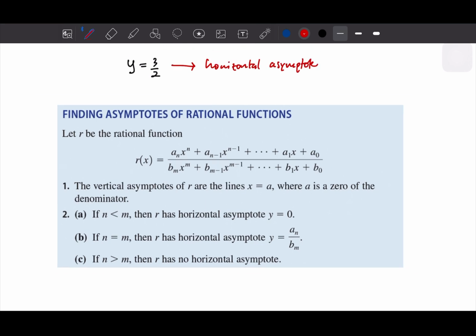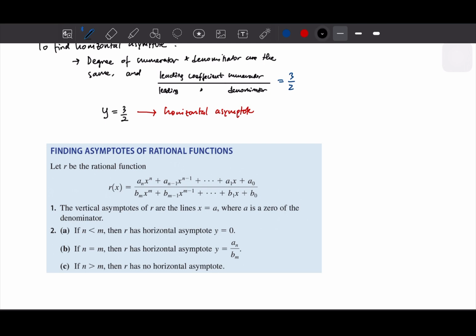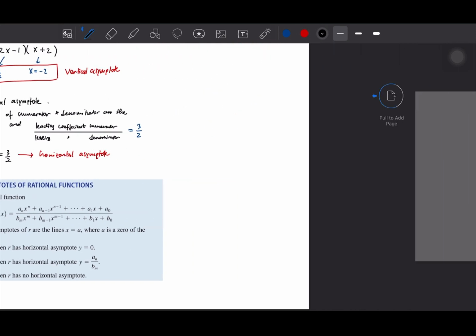But the last thing on the rational that is important is the slant asymptote.